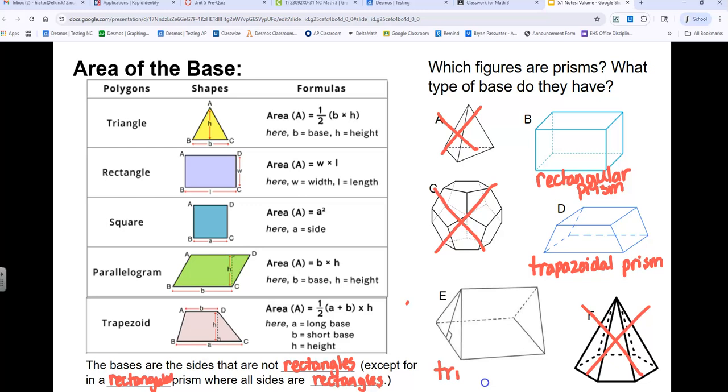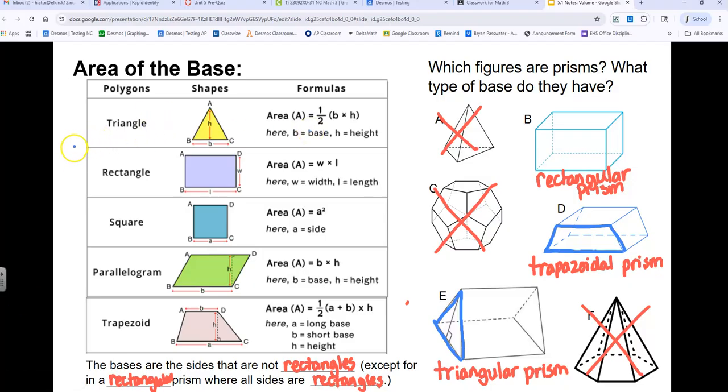Triangular prism. So whenever we're looking for that, we're looking for what are my sides that are not a rectangle? Obviously in the first one, they're all rectangles, so it's just a rectangular prism. Those are usually pretty easy to identify because there's boxes, right? In the trapezoidal prism, it's not always the bottom, it's the side that's not rectangles, right? This side and the back, those are your trapezoids. Here, it's not the bottom, it's the side that's not rectangle, so it's like a triangle on the side there.